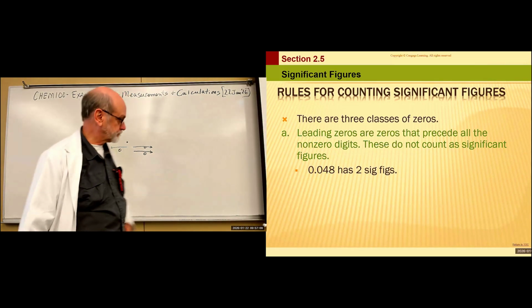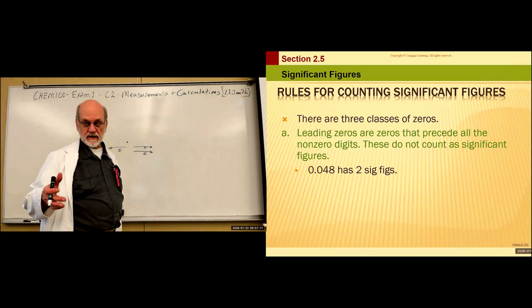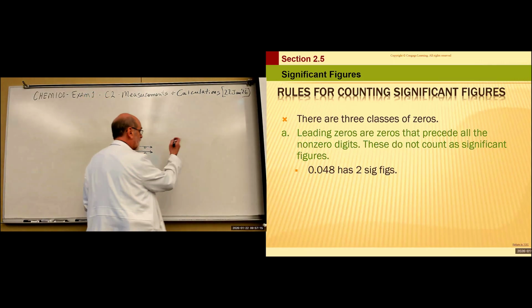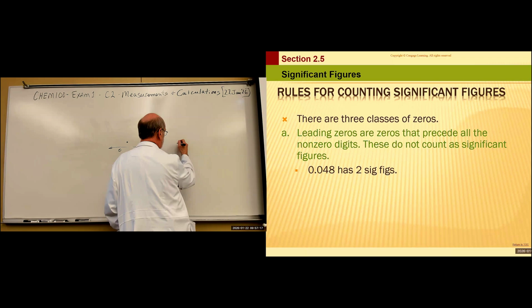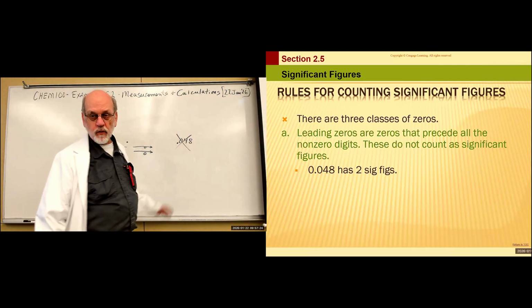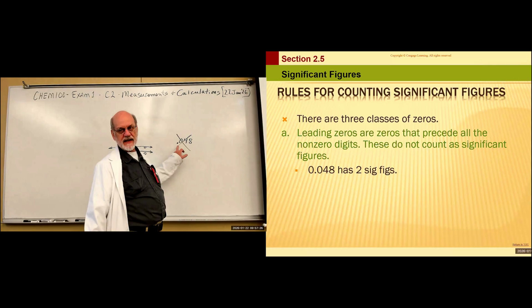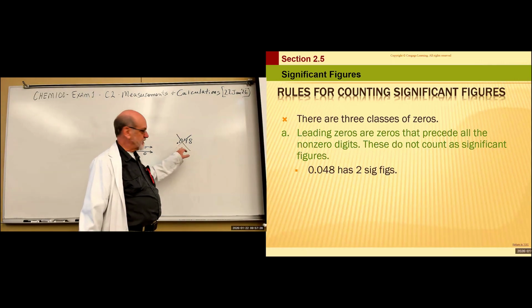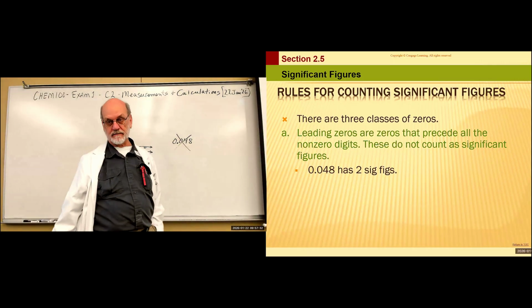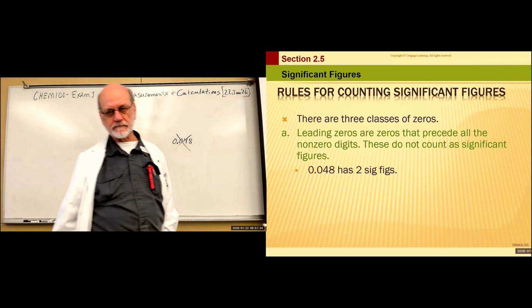Oh, and I might add, when you write a number that has a decimal to the left of that number, if you write it like this, that's wrong. You have what I call an orphaned decimal. This decimal must always be bracketed by another 0.